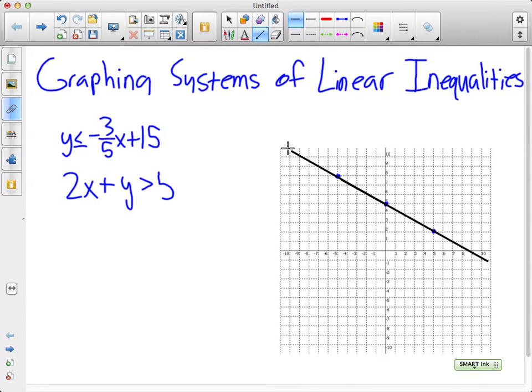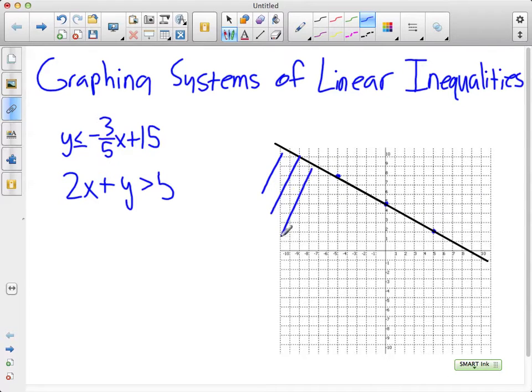So there's the line for the first one. And then it's less than, so we're going to shade everything below. So all of this is the shaded region.